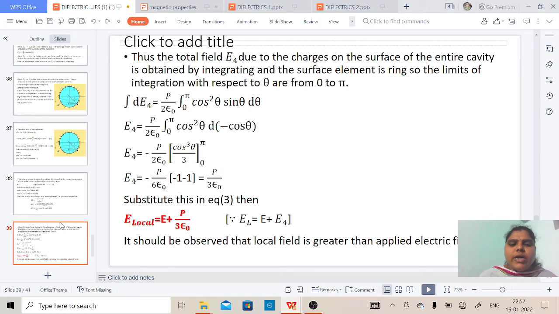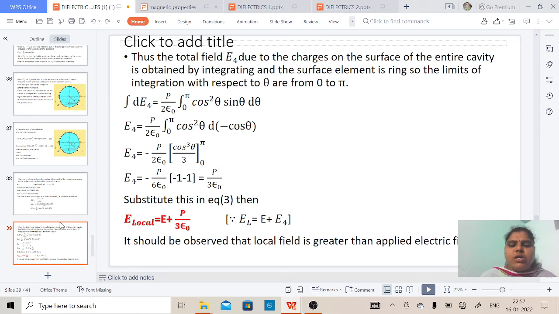So minus P by 6 epsilon naught into minus 1 minus 1, substituting the upper limit minus lower limit. Now the total becomes P by 3 epsilon naught. So the local field equals E plus E4, that is, E local equals E plus P by 3 epsilon naught.